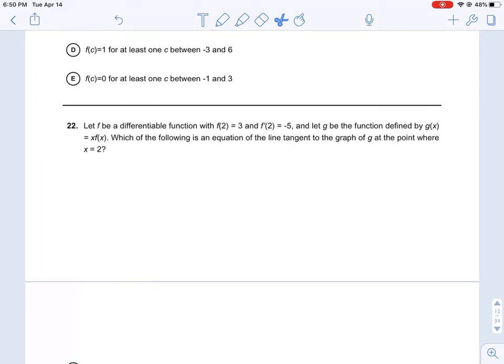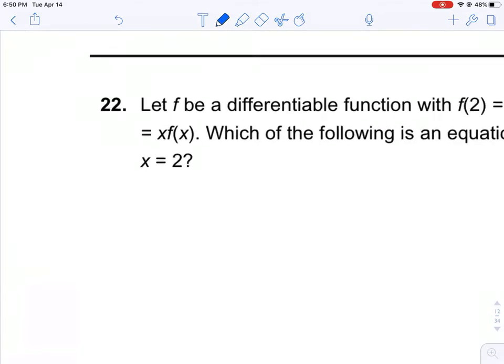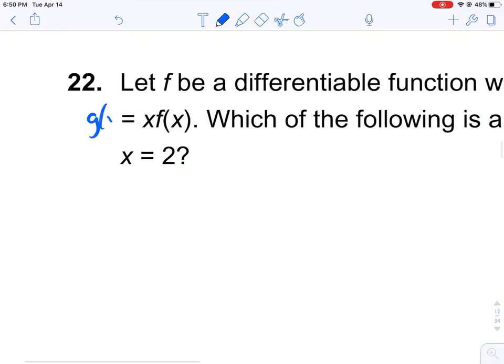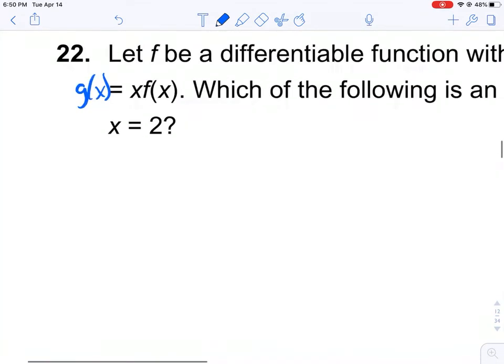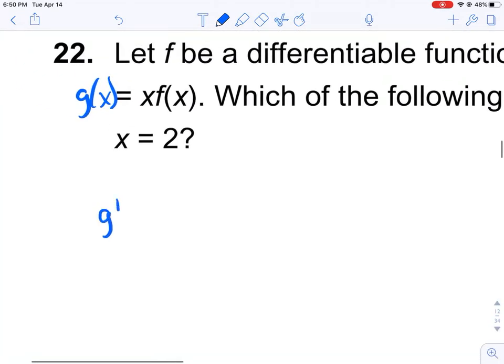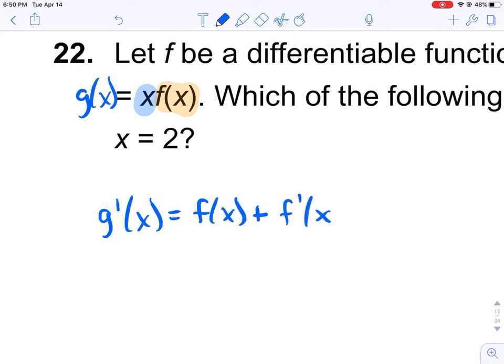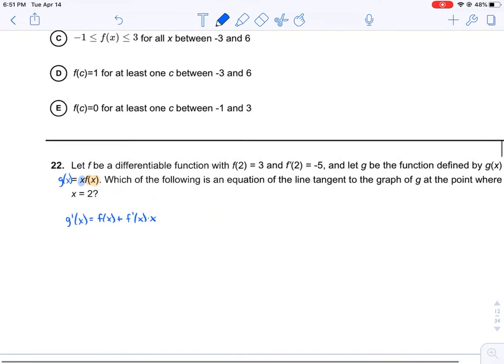22, let f be a differentiable function and let g be the function given by that. Which of the following is an equation of a line tangent? For a tangent line, you need slope and a point. Here's our g of x. So let's find g prime. Product rule: I'm using x and f of x as my two things being multiplied together. So the derivative of x is 1 times f of x, plus the derivative of f of x, f prime of x, times x.